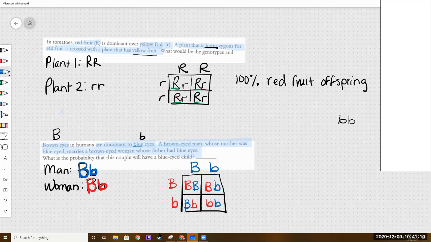In order to have blue eyes, which is the recessive trait, you need to have little b, little b. So only one of the boxes has two little b's. So 1/4 or 25% of this offspring would be blue-eyed.